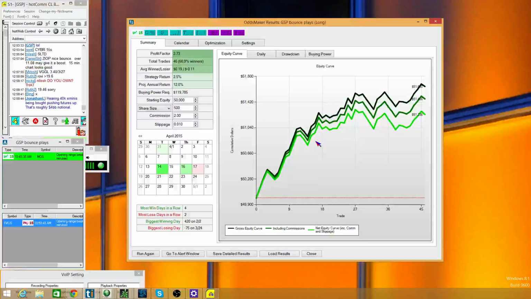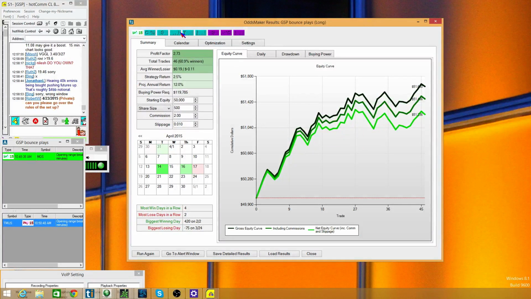So again, any questions, or if you guys want to go over what I talked about today, and please go over the rules of this setup. Okay. So we're simply looking for a stock that's down 4 days in a row.